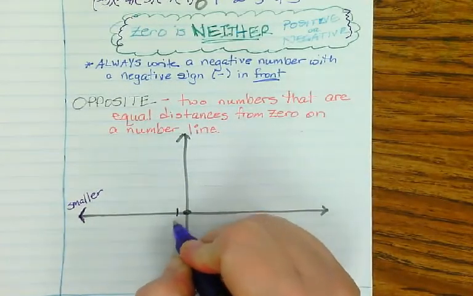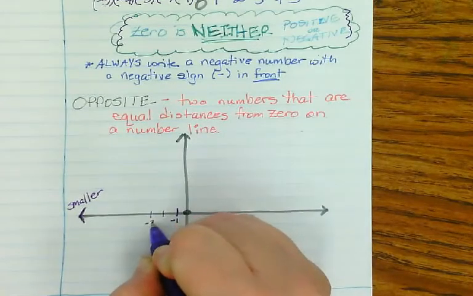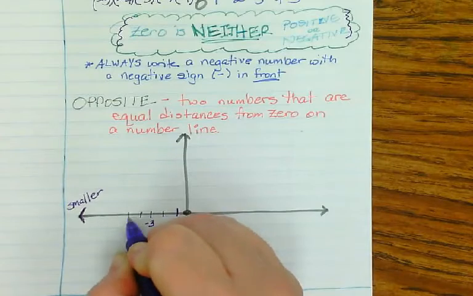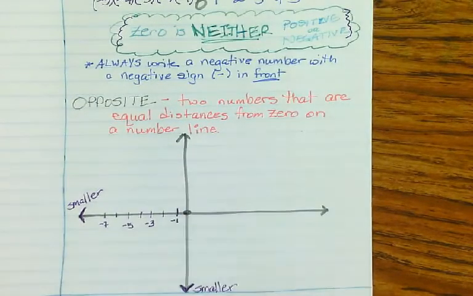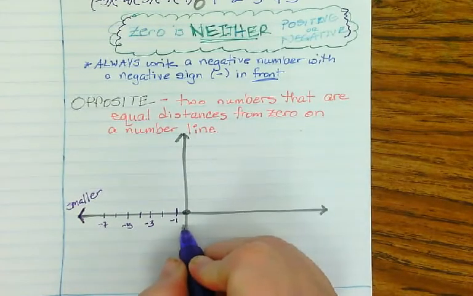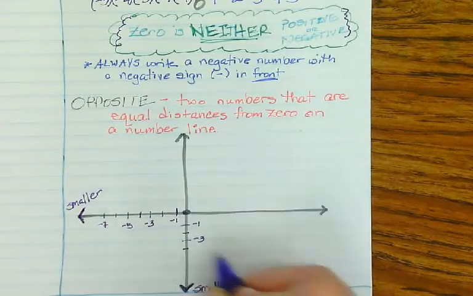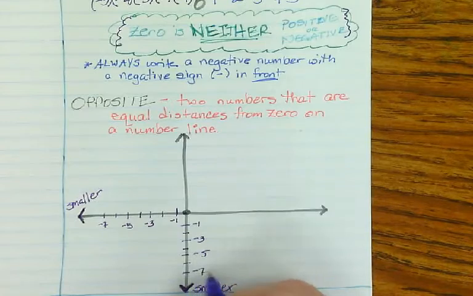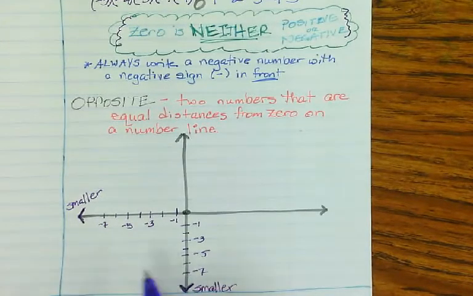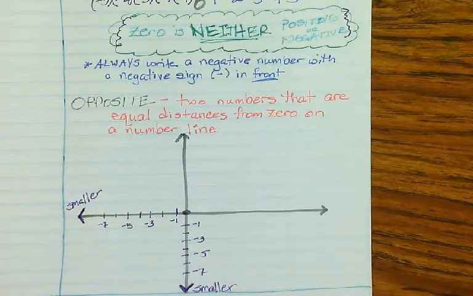So this one is my -1, -2, -3, -4, -5, -6, -7, and so on. And then we have it here. -1, -2, -3, -4, -5, -6, -7, and so on it goes. So those are my smaller numbers. Those are my negative numbers. They're either going to the left forever and ever or going down forever and ever.